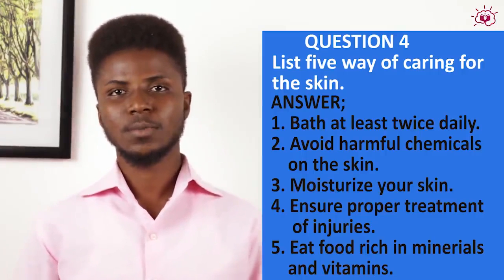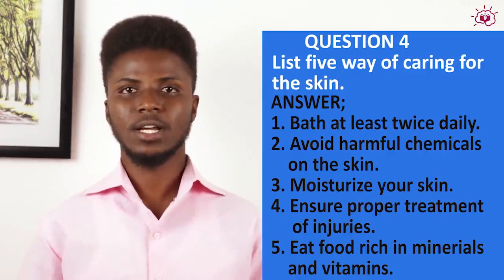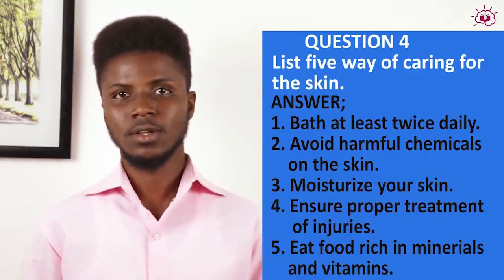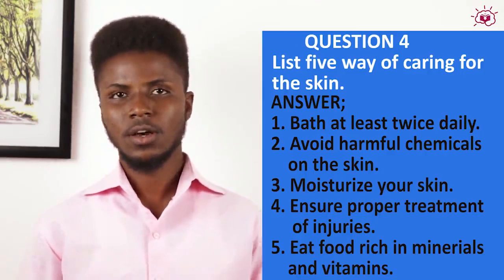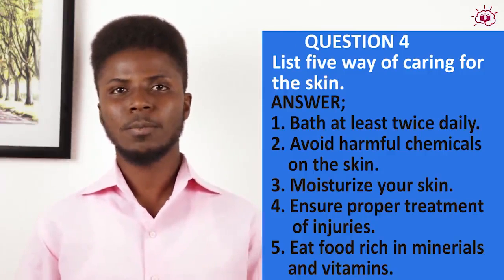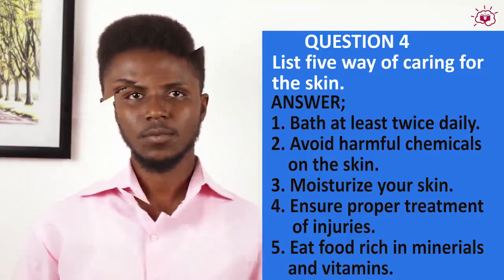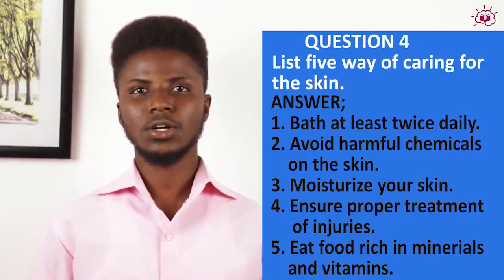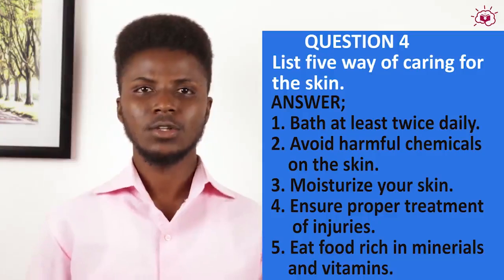The third one is moisturization of your skin. You have to prevent your skin from being dry as it leads to irritation. Make sure your skin is well moisturized at all times. Fourth, ensure proper treatment of injuries to prevent infections. And finally, ensure a proper diet rich in vitamins and minerals to maintain a healthy skin.